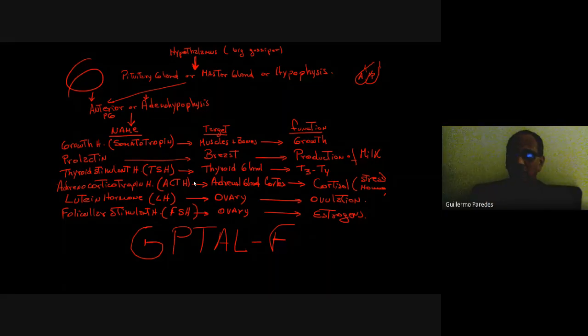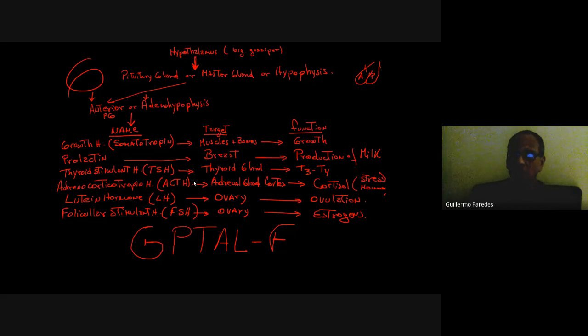And the FSH, the target organ again is the ovary. What is the function? To produce estrogens. So how do you remember that? With the GP tau. Name, target, and function. How many hormones do we have in the anterior pituitary gland?